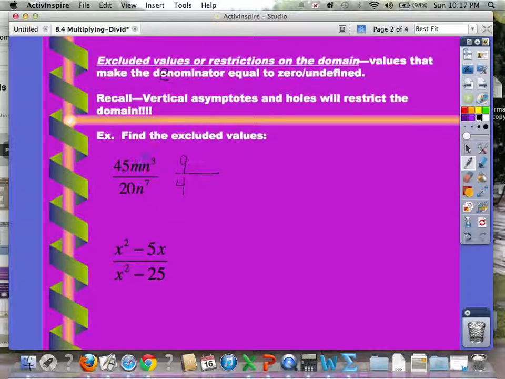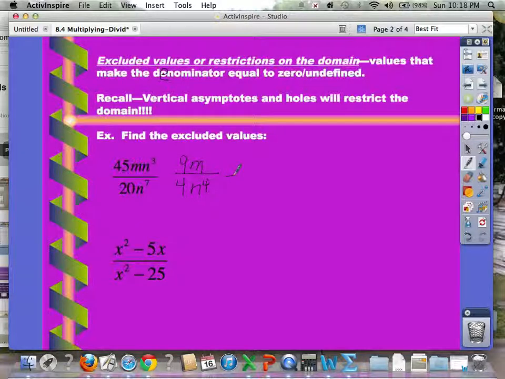And then m divided by nothing, the m stays the same. With the n to the 3 and the n to the 7, you subtract the exponents, and the variable is going to land on the bottom because that 7 is the biggest number. So 3 minus 7 makes it a negative 4, which makes it land on the bottom to become positive.